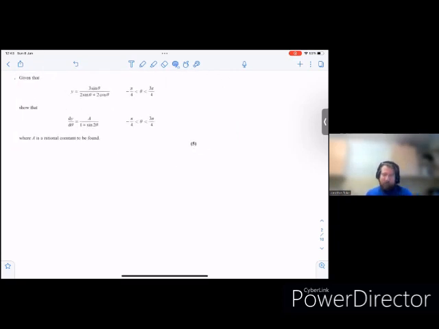Okay, so this one is a trig function and it's a quotient. So we're going to be using the quotient rule. So it'll be u dash v minus uv dash all over v squared. So dy by d theta: u is the function on the top, v is the function on the bottom.